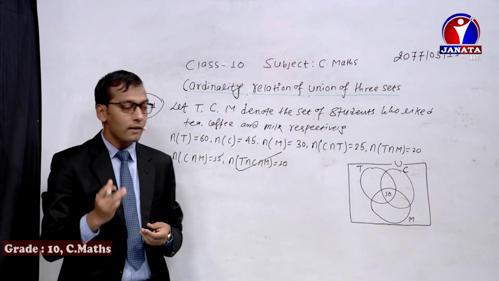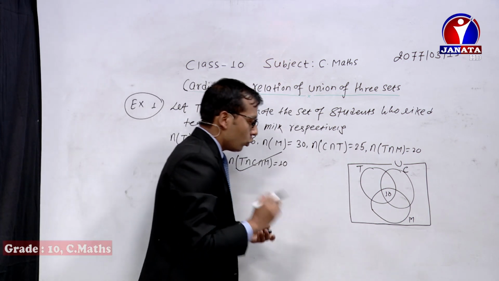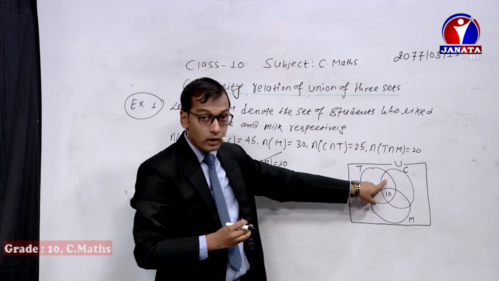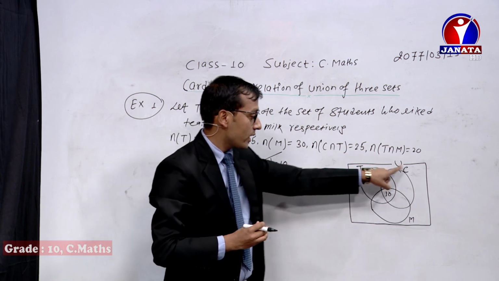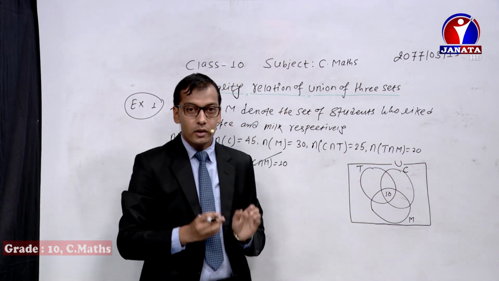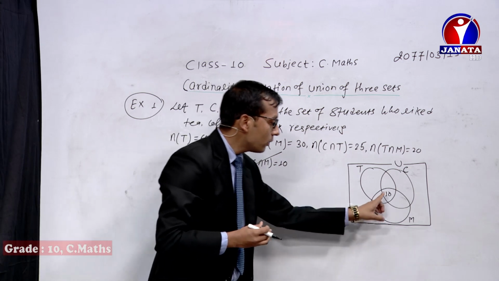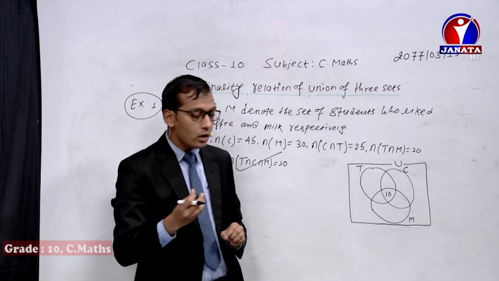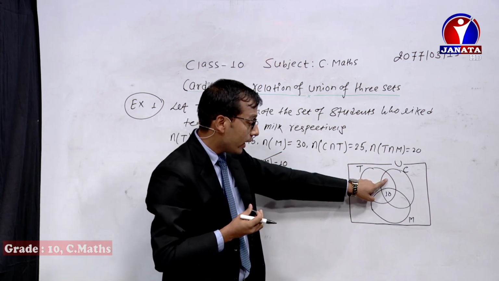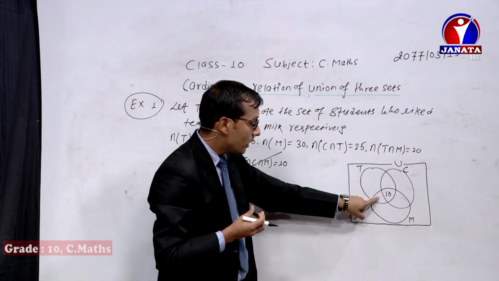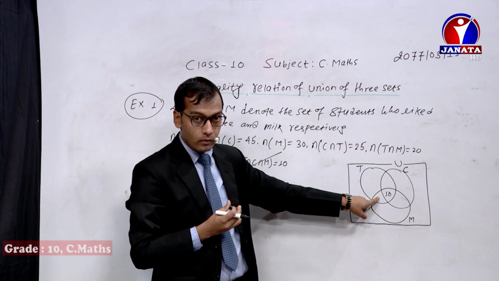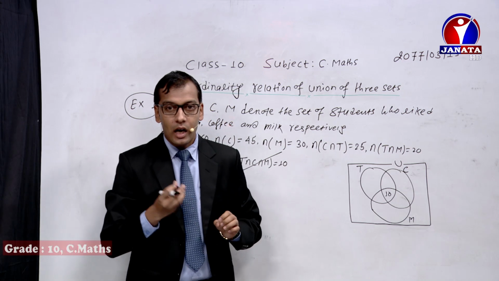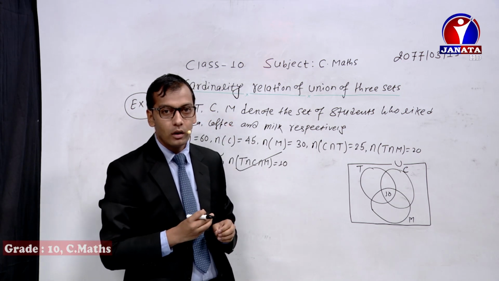After this, we insert the number in either this region, which is called n only T intersection C, or in this one, or in n only T intersection M. In the second step, after inserting the number in the common region, we insert a number in one of these regions. But I think I need to again discuss how to insert a number.